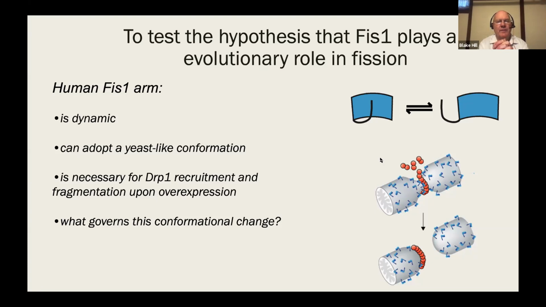And so it's thought that a region of DRP1 called the variable domain is a cardiolipin binding domain that aids in getting DRP1 to the mitochondria. Now, what the role of the lipids does, in particular with FIS1, is actually unclear.